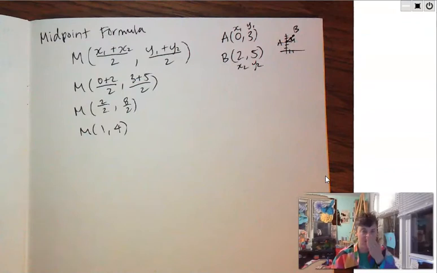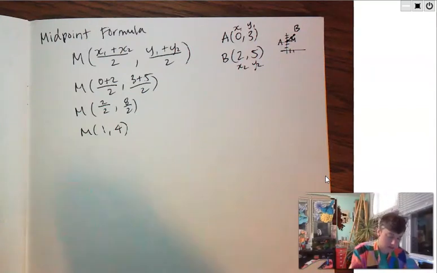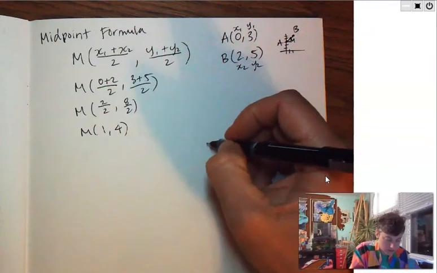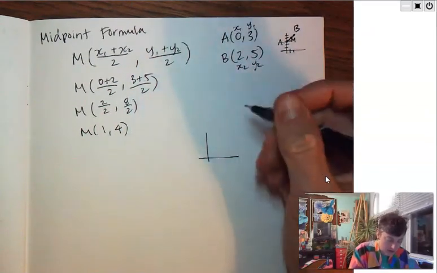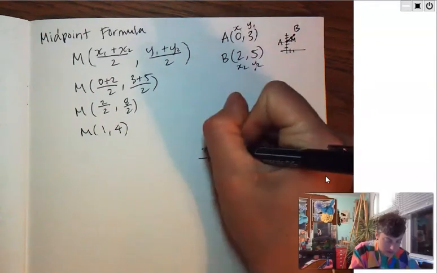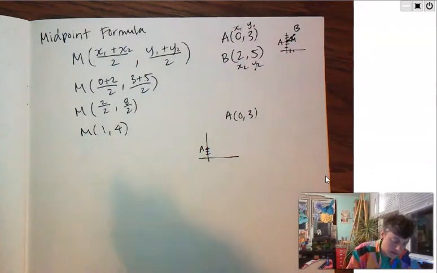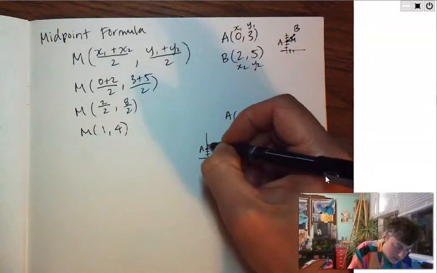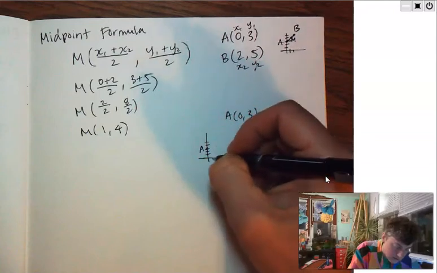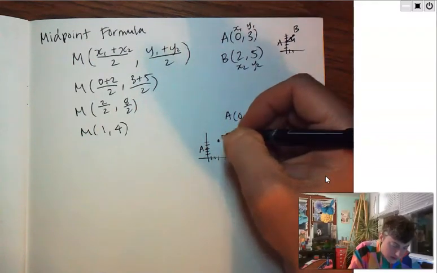That makes sense. Now, what if we knew the midpoint, and we know one endpoint, and we want to find the other endpoint? So let's say, for example, I keep using A at 0, 3, so let's use A again at 0, 3. Let's say I know the midpoint is at 3, 5.